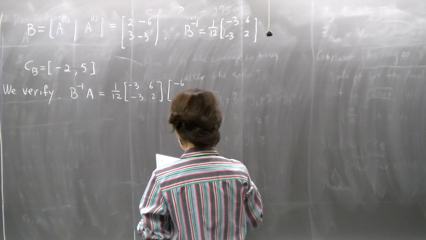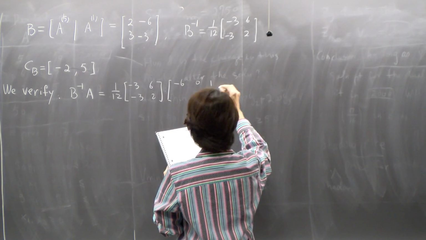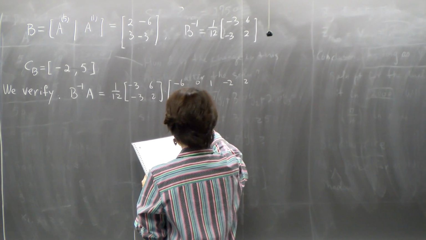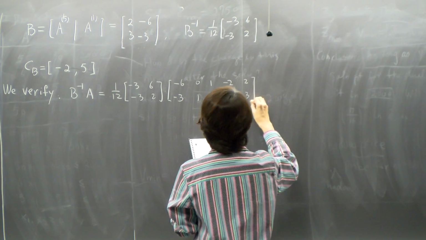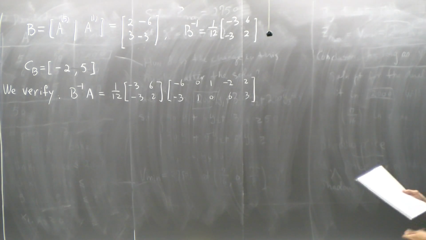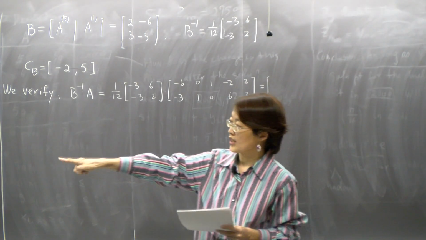So let me copy this: 6, 0, 1, -2, and 2, -3, 1, 0, 6, 3. You can easily do this product, right? You could probably open some software, MATLAB or whatever. You can easily verify this product, and you'll be convinced that you just get the A star.